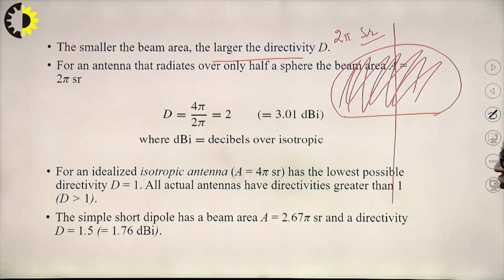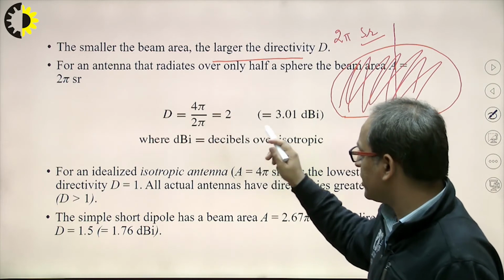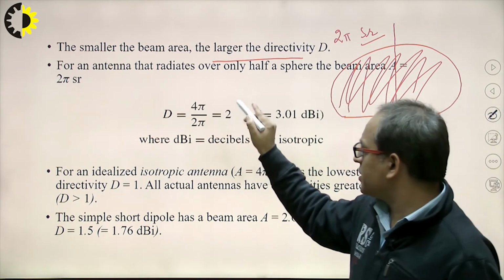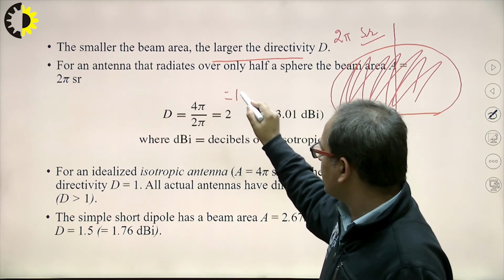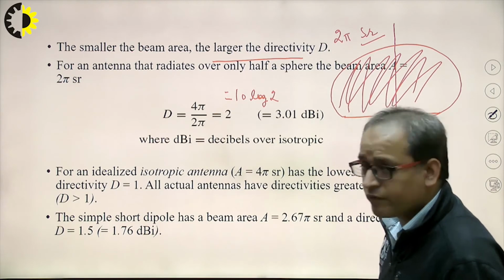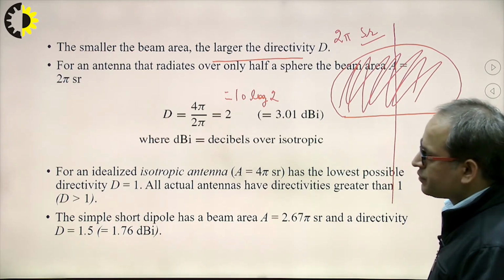So D equals 4 pi upon 2 pi, that is equal to 2. If I convert it to dB, that is 10 log of 2, which comes out to be 3.01 dBi.